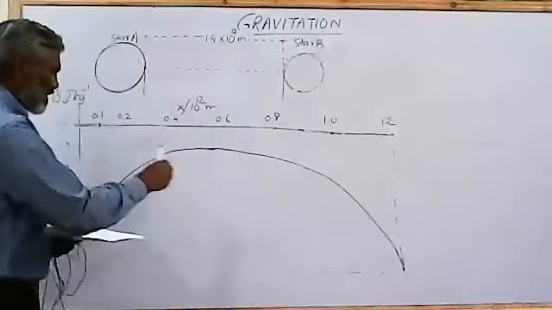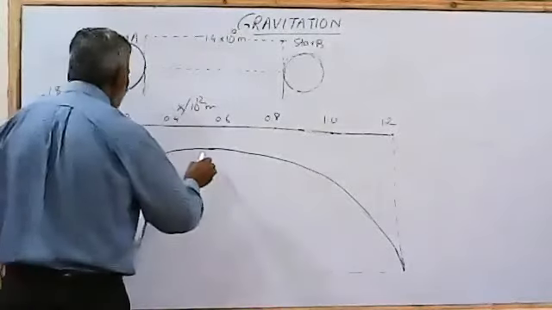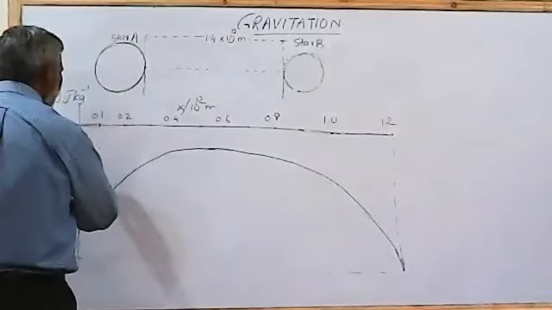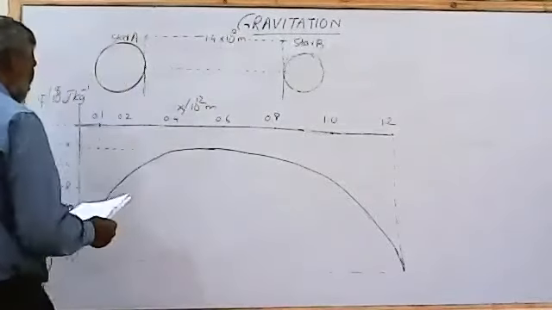This curve depicts the change in gravitational potential energy. So the maximum change, if we see carefully, is the gravitational potential energy.